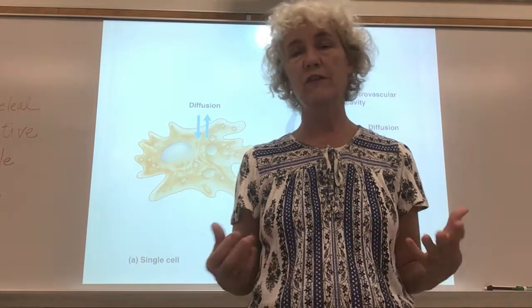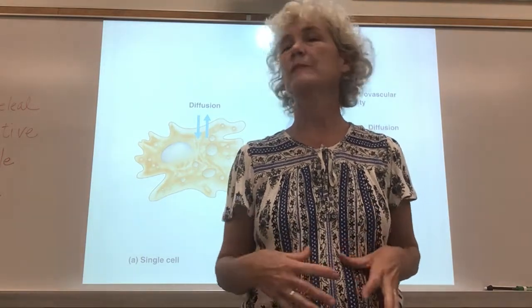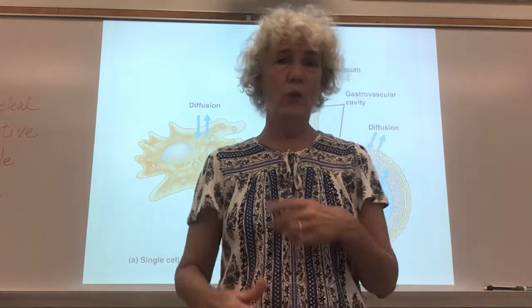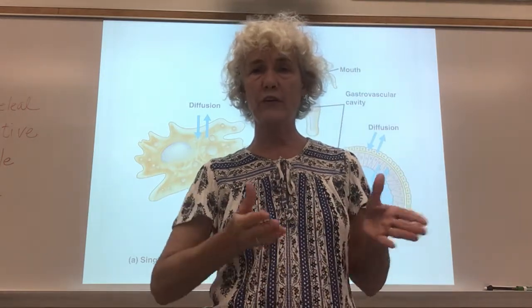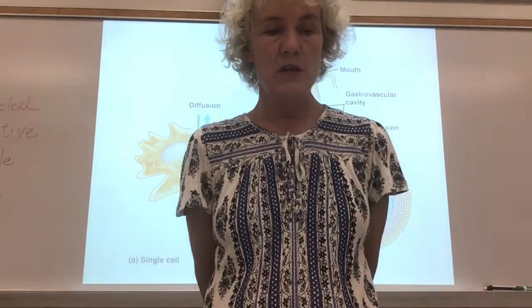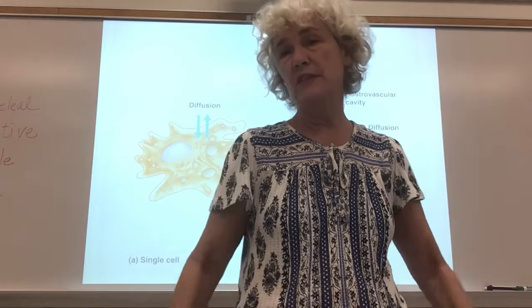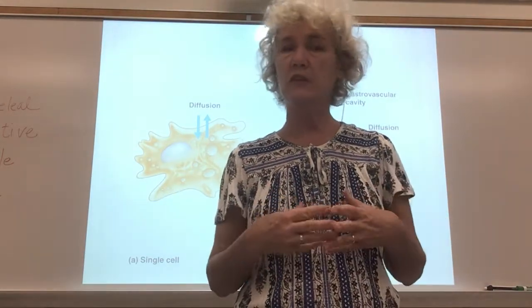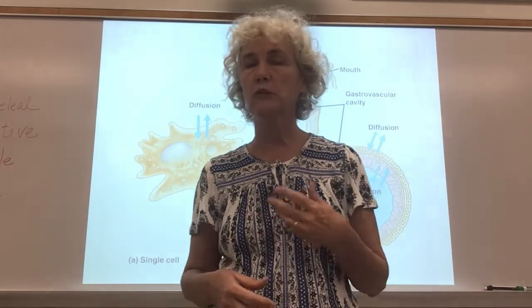So we're always going to talk about things in an evolutionary development way. In other words, what are the basic systems in water, and then how does that change when we go to land?